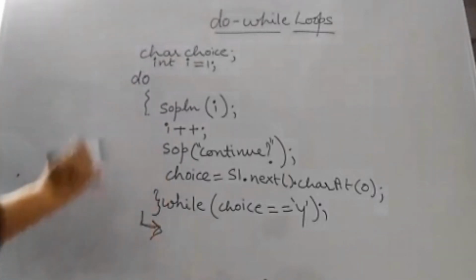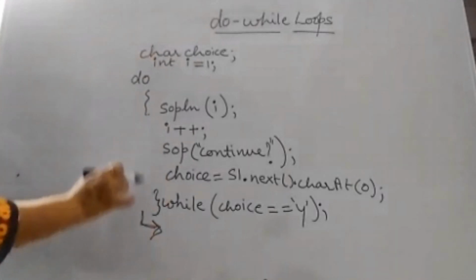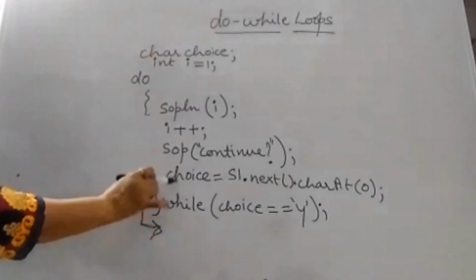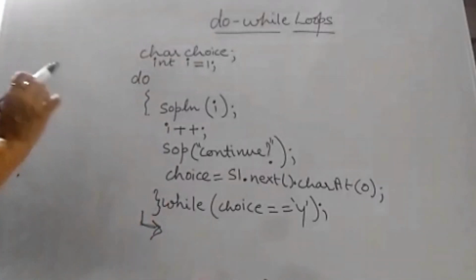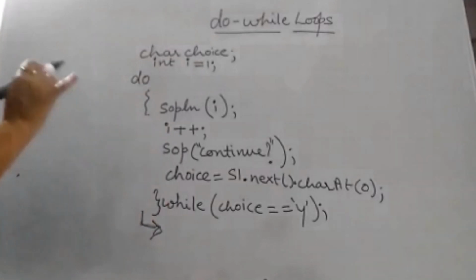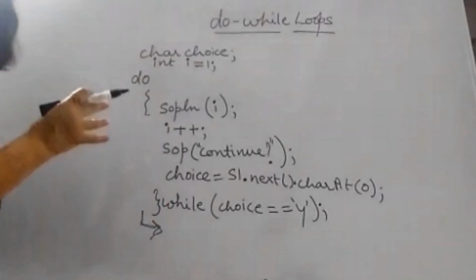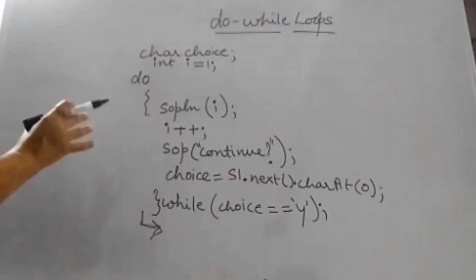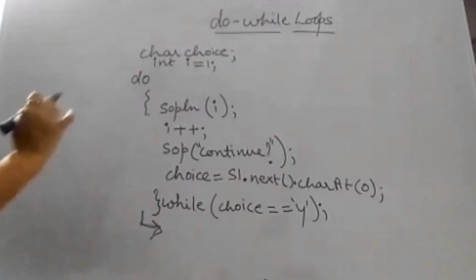So the first time you need not initialize the variable, and thereafter according to the value of that variable it can proceed further. But if this was a while loop, then you would have had to initialize choice with some value. You would have initialized choice with y, and then it would have continued.